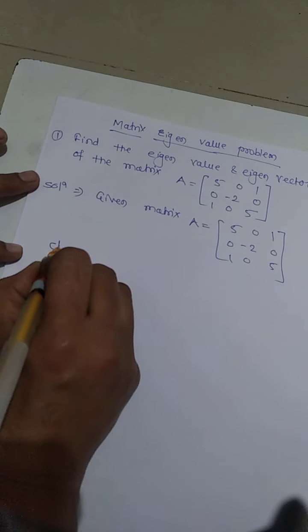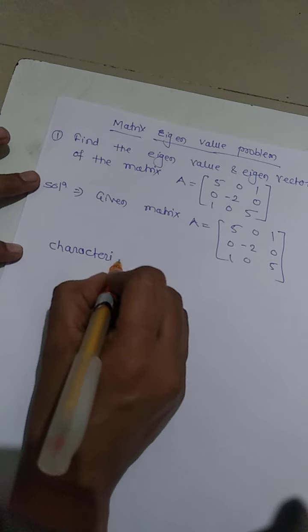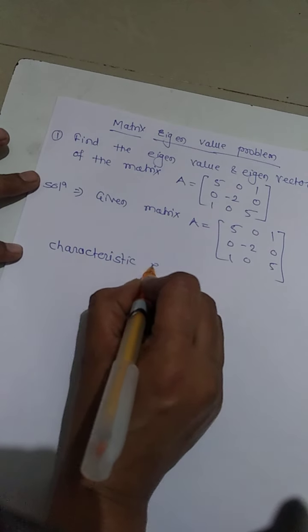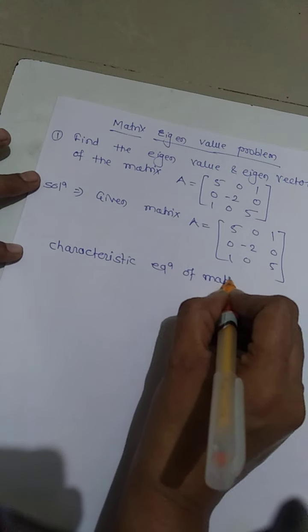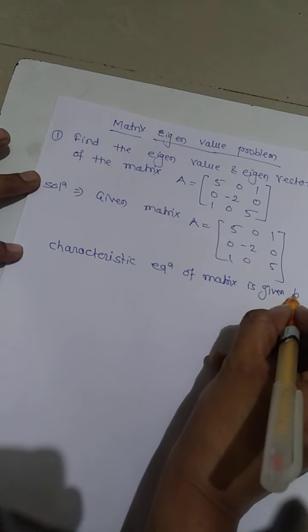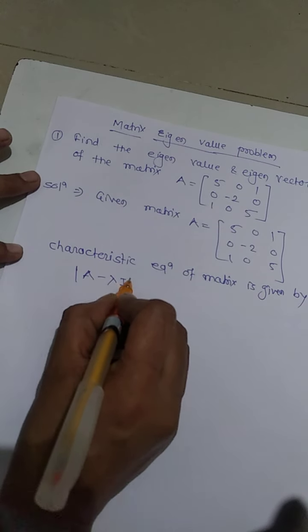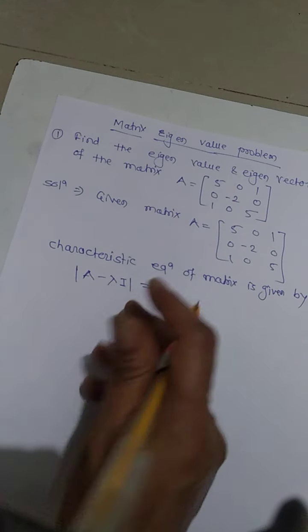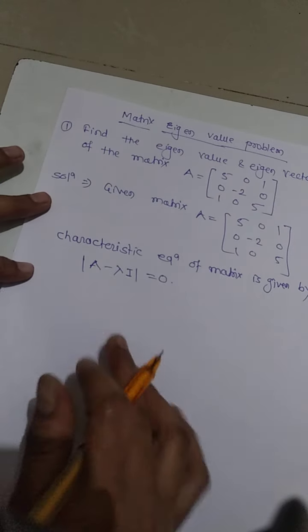Then we write the characteristic equation of the matrix, which is given by mod of A minus lambda I is equal to 0. Here lambda is eigenvalue and I is identity matrix.